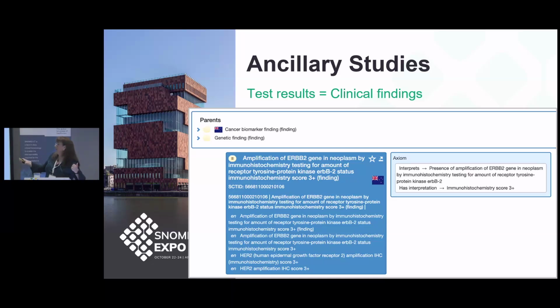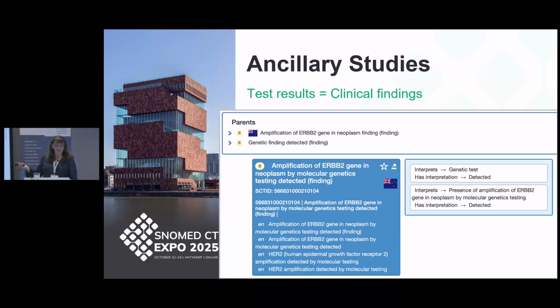So it's the 3+ immunohistochemistry score. And then for the molecular test results, once again, we have the interprets, which links back to the observable entity with all that rich definition that we've created, looking at the presence of the amplification of the ERB2 gene by molecular genetics technique, and the interpretation then is detected.